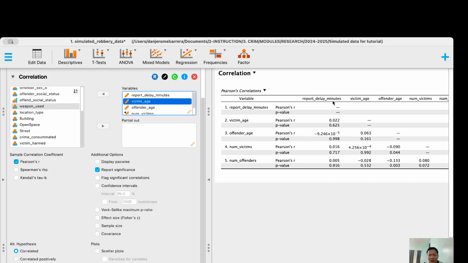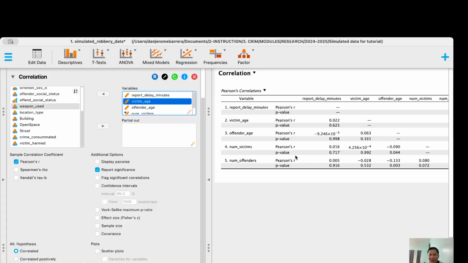Now, just look at reporting delays. Reporting delays versus victim's age, the relationship is 0.022, but not significant, as I discussed earlier. For offender age, it is negative 9 point something, and it's not significant also because the p-value is 0.998, which is way higher than 0.05, our benchmark.